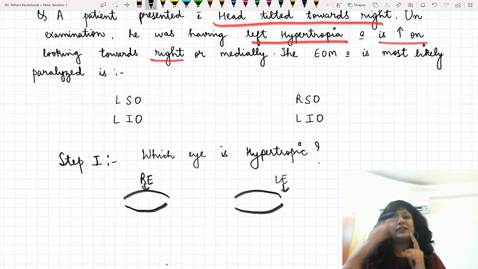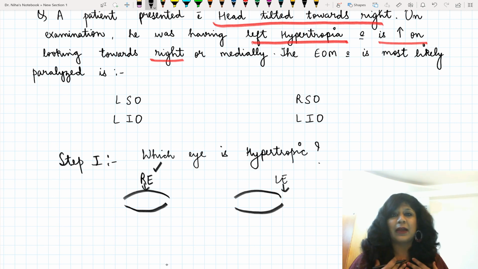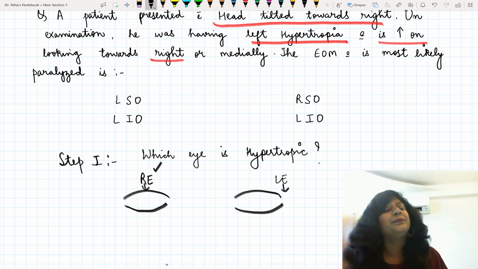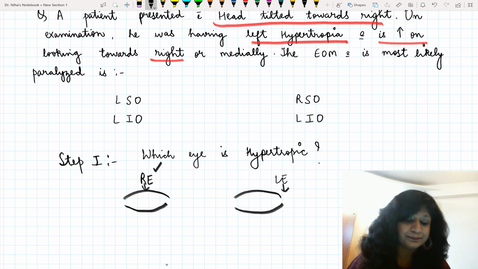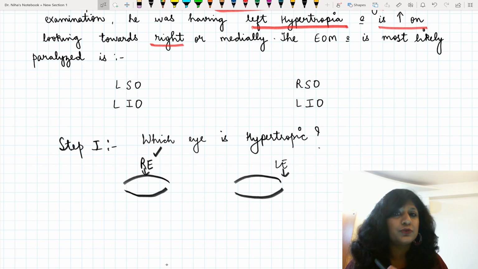So it is like this. That is why I always take this as the right eye. This is my perspective and I'm comfortable in it. If you do not have any preferred one, then I suggest you take this. But if you're already comfortable with that, then go on with it. There is no problem.